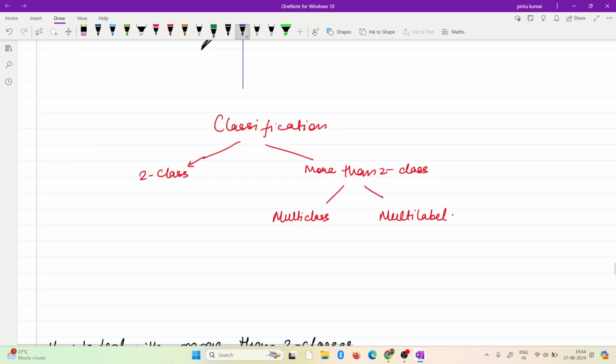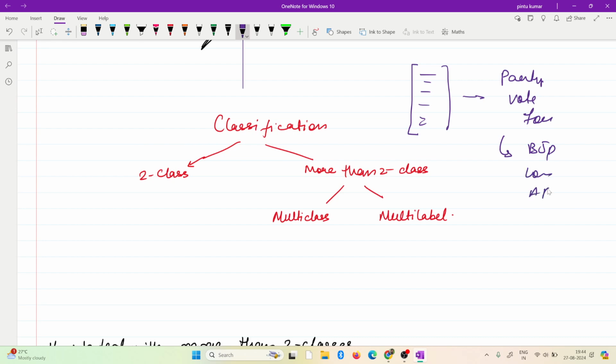The classification example that I gave you initially was that we had some voter data and we wanted to predict which party a person will vote for, right? There I mentioned your party can include BJP, let's say Congress or Aam Aadmi Party.